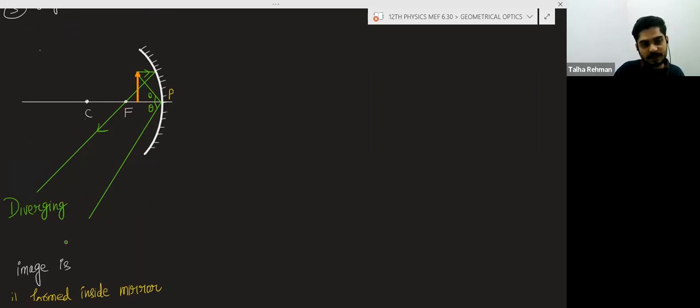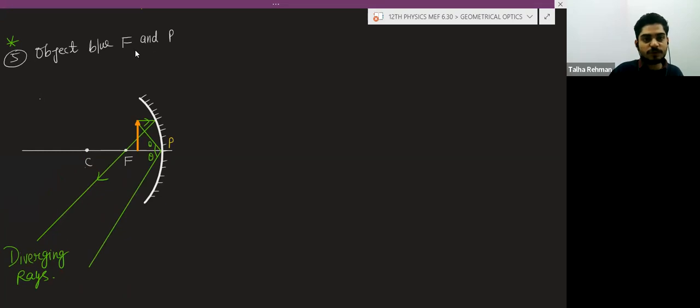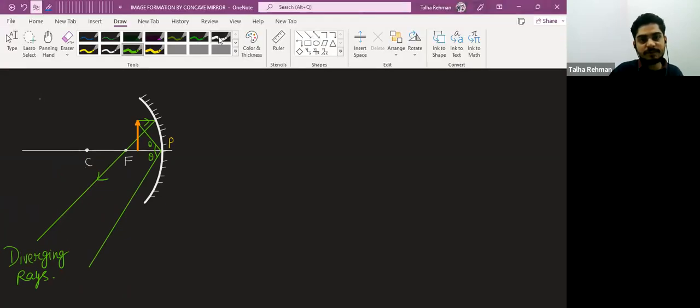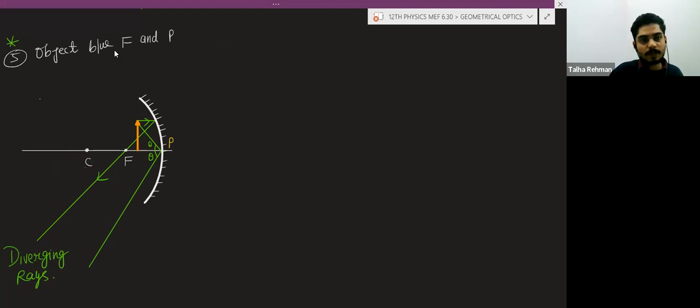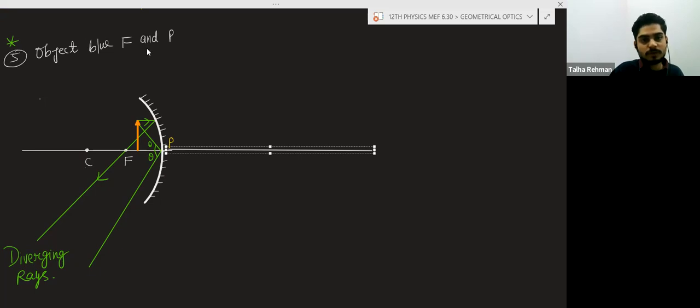Diverging rays we are getting. In reality, diverging rays will never meet. So what we have to do for the image formation, we will produce these rays backward.